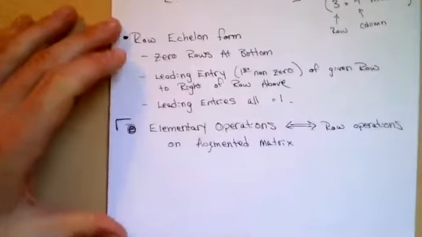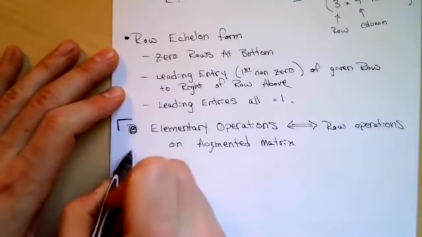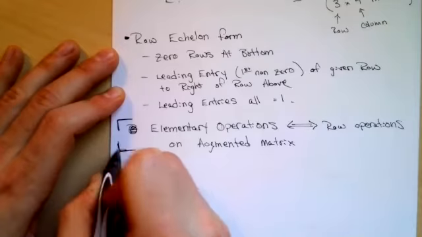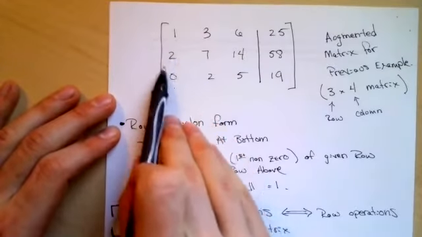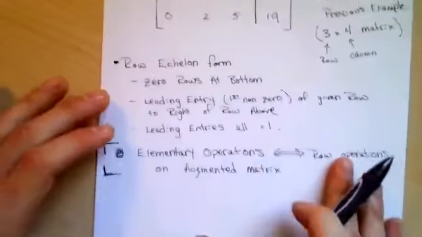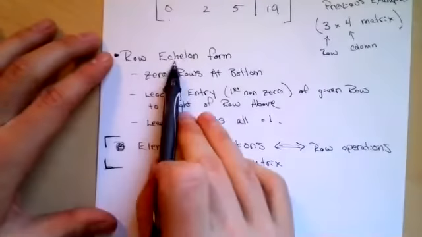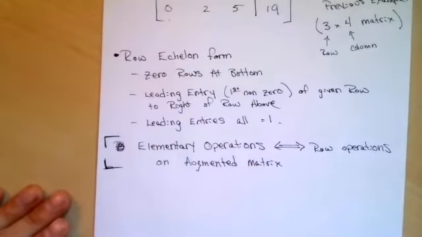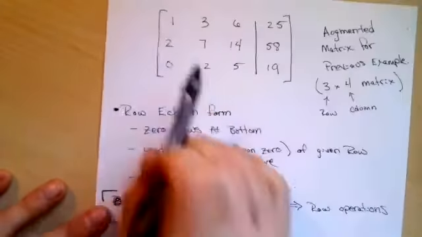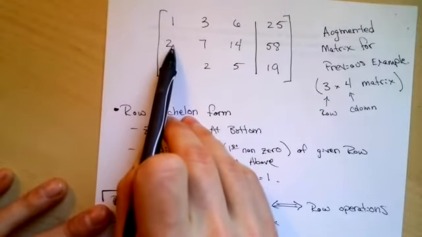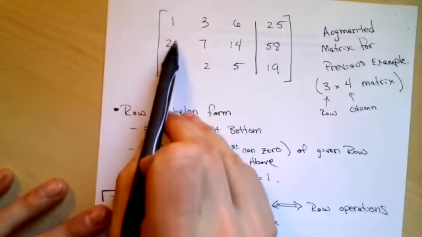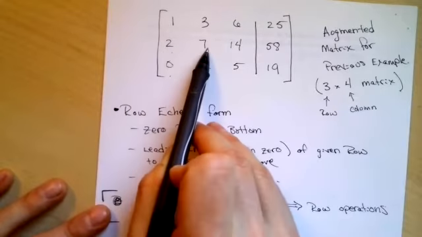So the operations we did were, well, our first step was to get rid of this 2. We want to first start off by putting things in row echelon form. So what is row echelon form? Our leading entries all need to be 1. And if I look at the leading entry and go one row above, this leading entry should have started over here.